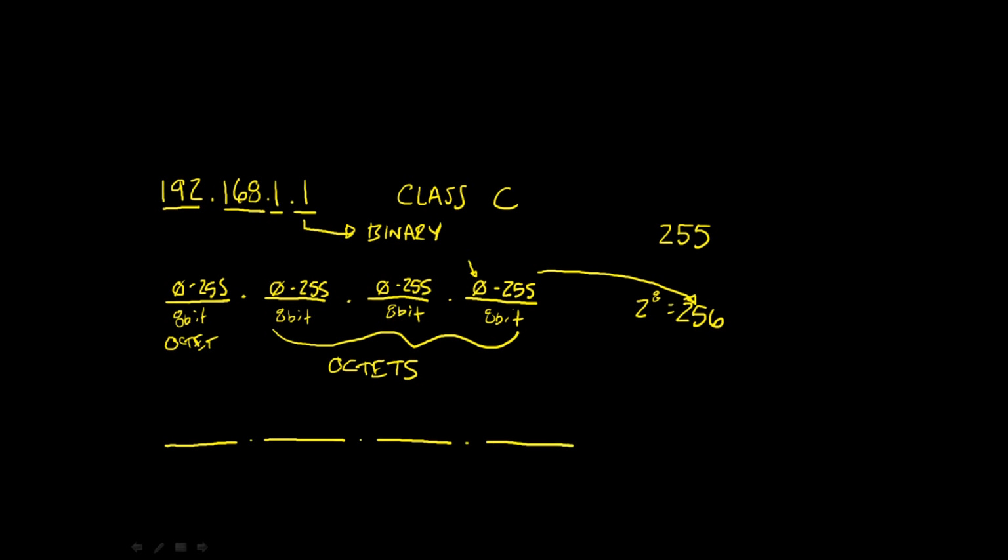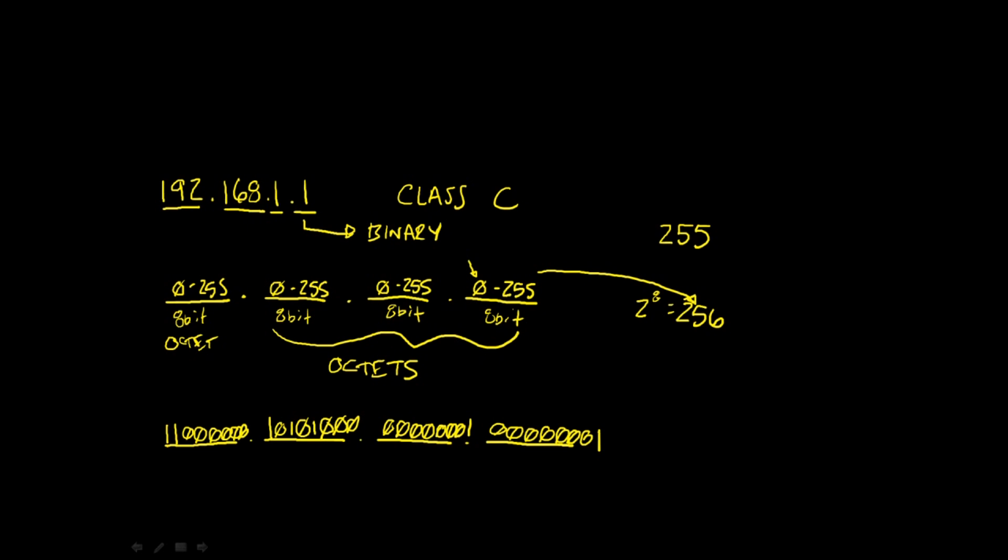So using binary conversion, we can actually write this IP address, 192.168.1.1, as 11000000, and then 168 will binary out to 1, 0, 1, 0, 1, 0, 0, 0. 1, of course, will be 7 zeros and a 1, and of course this one will be the same. So each of these is 8 bits for a maximum range of 0 to 255.